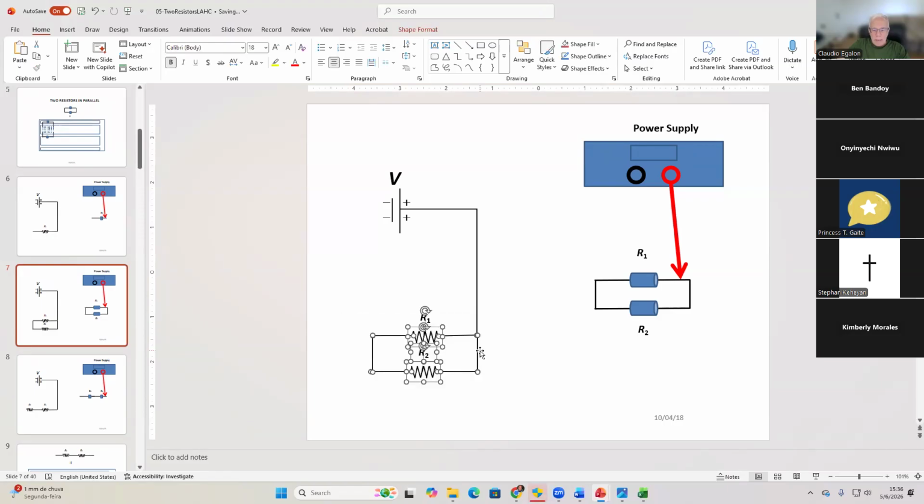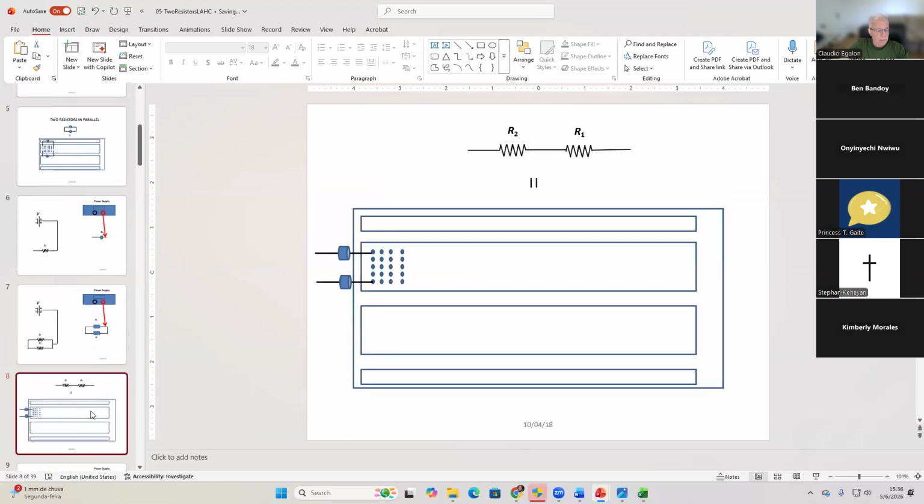Going to make it look nice a little bit to the right, to the left. Like that.